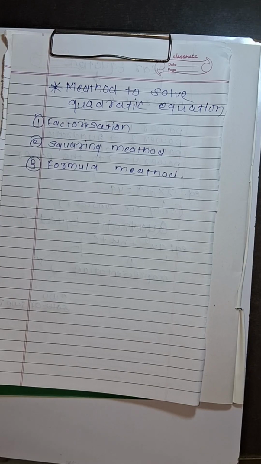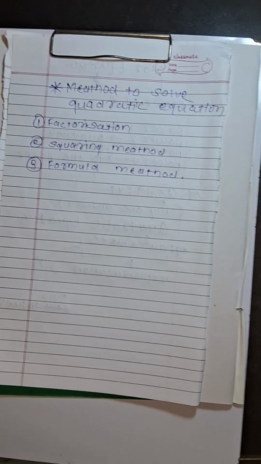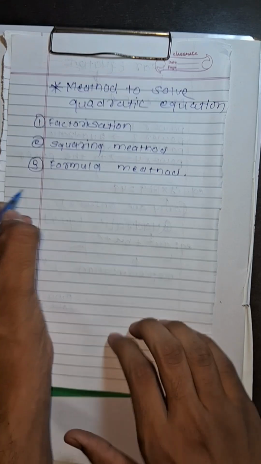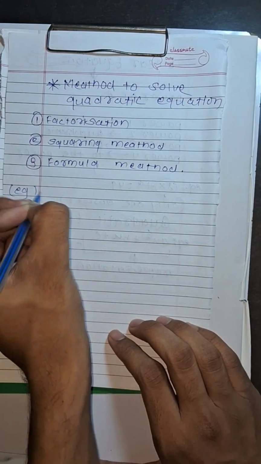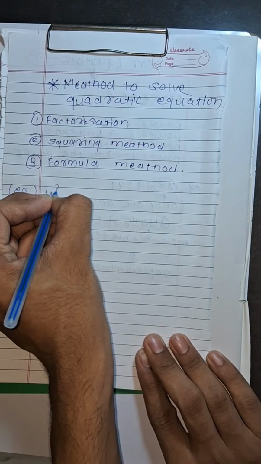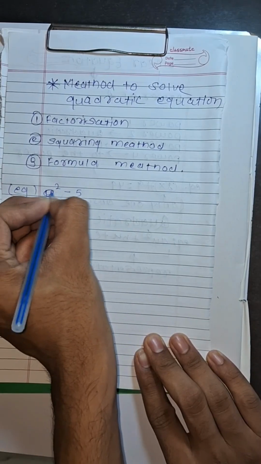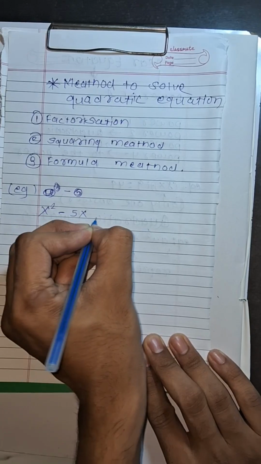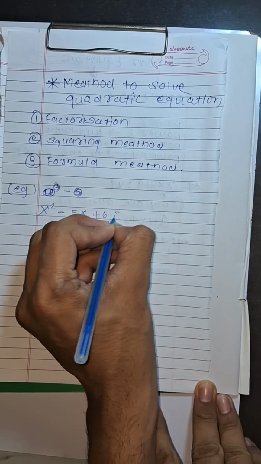Let's take one example. Example 1: x squared minus 5x plus 6 is equal to 0.